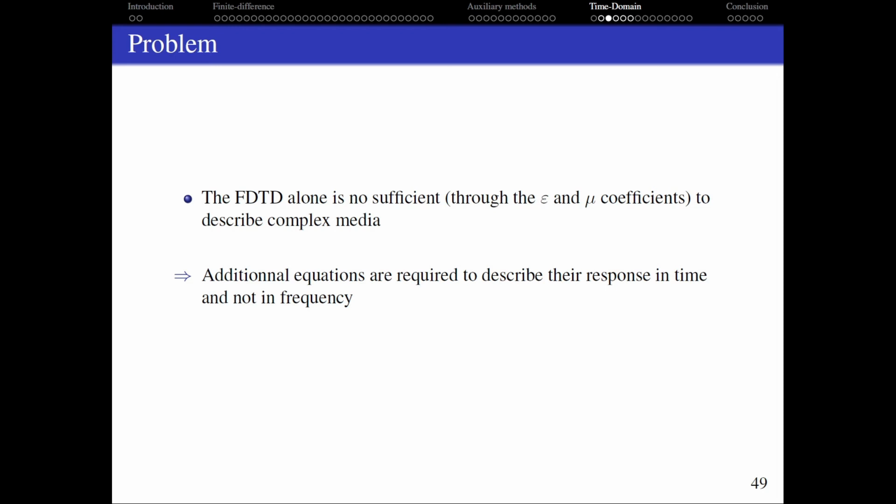They need something more. That means that we're going to add new equations to the FDTD, and their task will be to describe those materials, but we need to be able to have time equations. So those equations are going to iterate through time, just like the FDTD method itself.